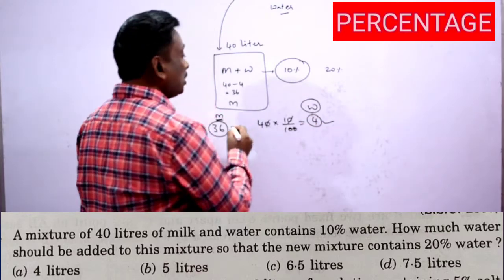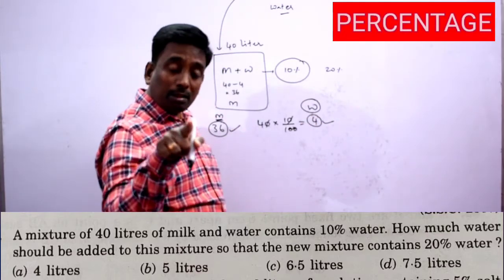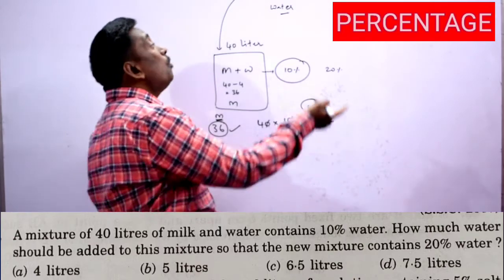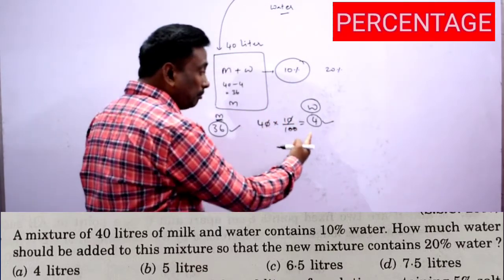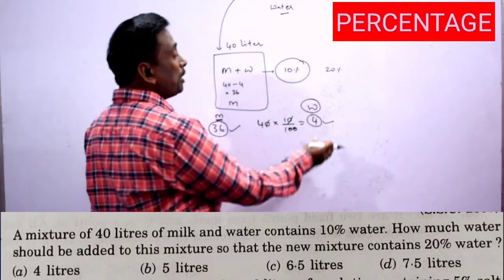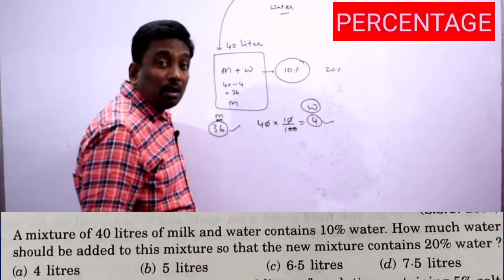Here, the problem is asking how much water must be added for the water to become 20%.